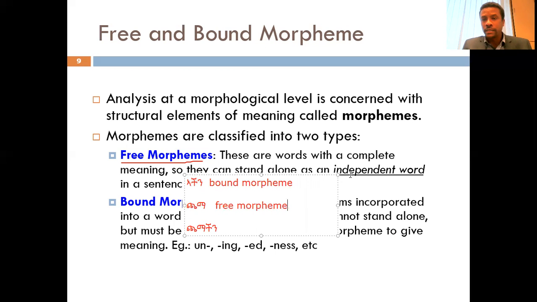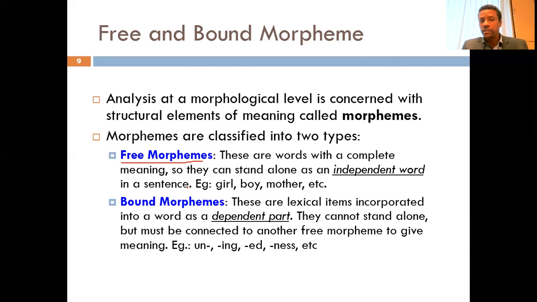Okay, this is what it means. Whenever it's found in a dictionary, whenever it has a meaning by itself, independent of anything else, we call it a free morpheme. Whenever it must be attached to other words to give meaning, then we call that a bound morpheme. This is the main difference between a free and a bound morpheme.